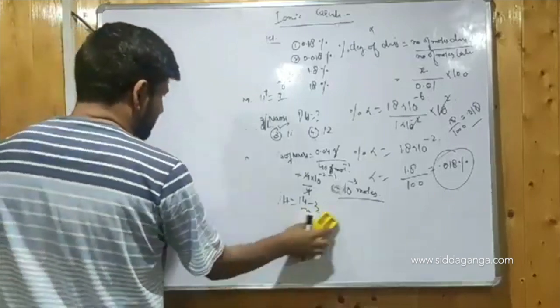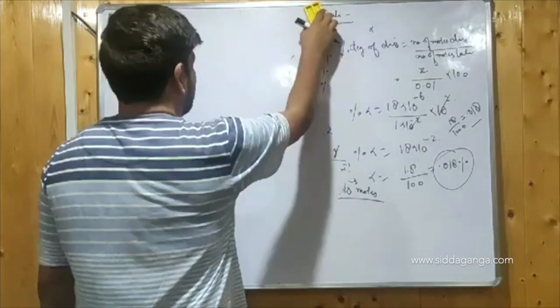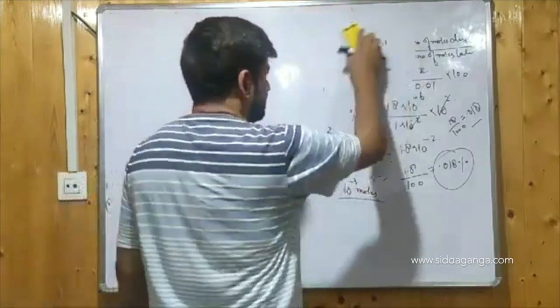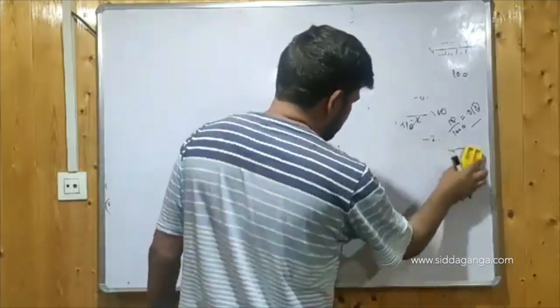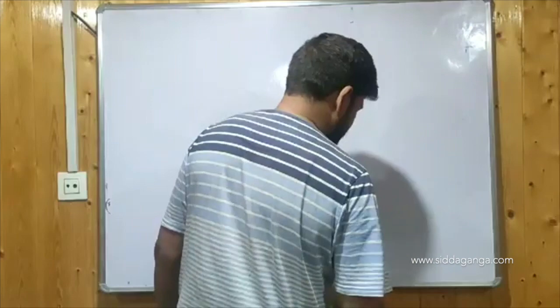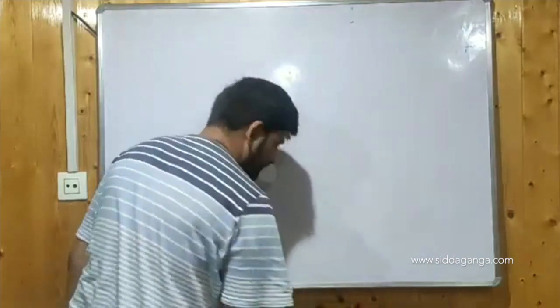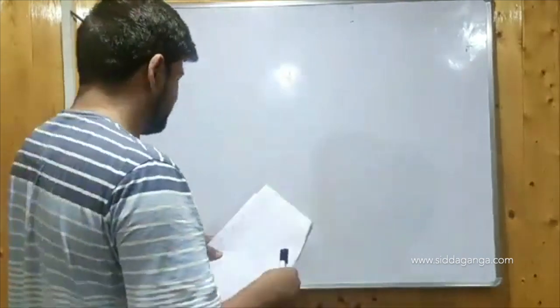Because it is a normal solution, the gram equivalence of the acid will be equal to the gram equivalence released by the base. Yes or no? So when you mix equal volumes of both, what will be the gram equivalence of H plus and OH minus in the solution? Same or different? Same. Solution will be alkaline or neutral or acidic? It will be neutral. So question is simple.